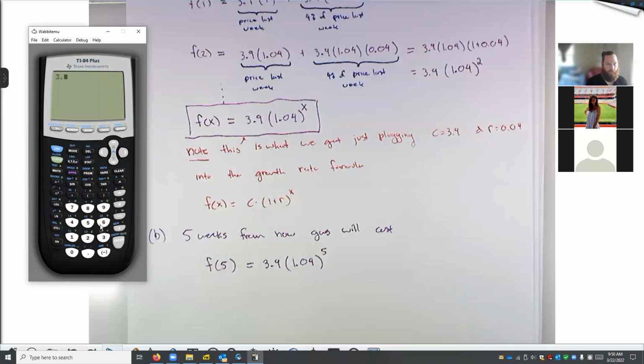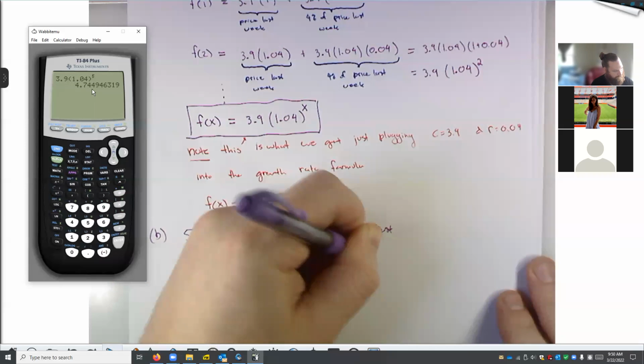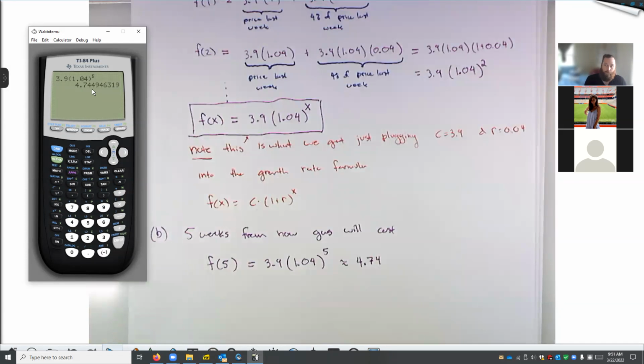So 3.9... We get 4.7449. I'll round that to 4.7. So if gas were increasing at 4% per week and starting at $3.90 per gallon, then 5 weeks later, we would be paying $4.74 per gallon.